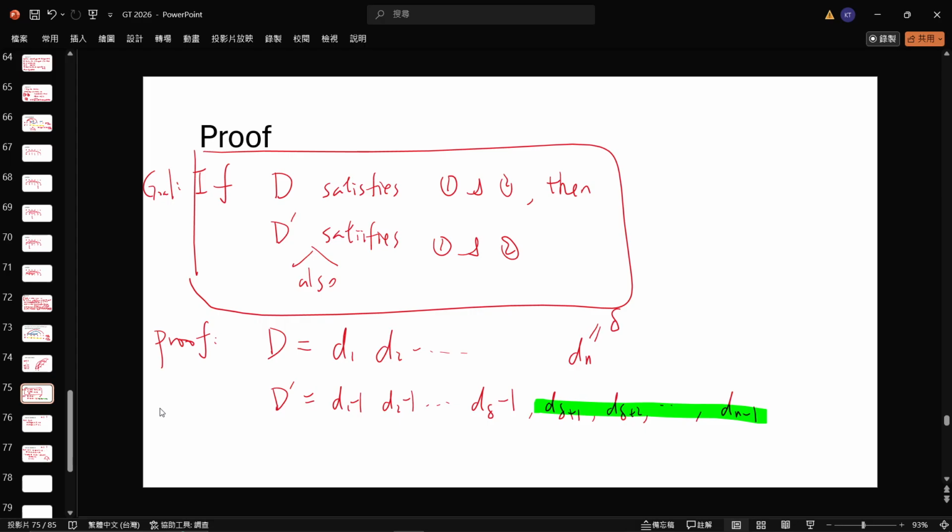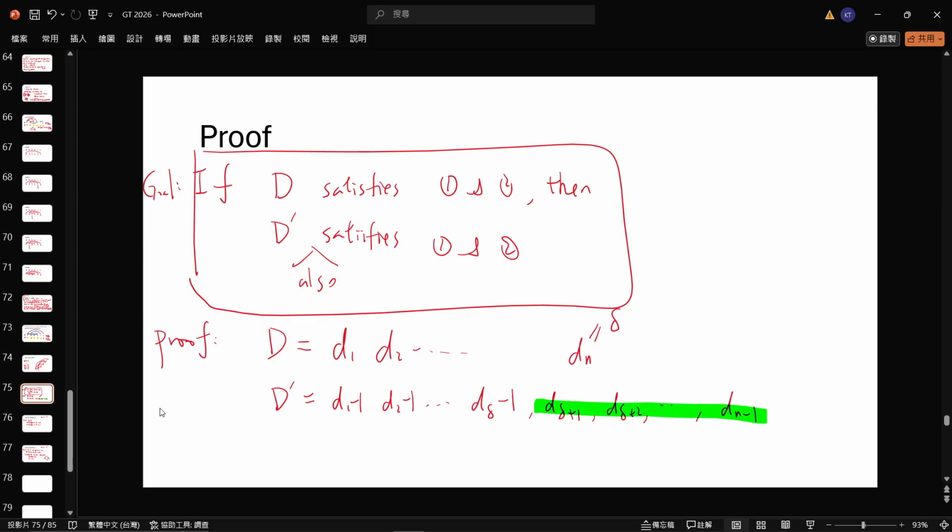Because if the smallest degree is large, then this means all degrees are large. And if all degrees are large, I don't care about this minus 1, okay? Even if I minus 1, I still get at least 1, if all degrees are large. And the second case is when this degree is small, okay? But if the degree is small and the total degree is very large, this means we have some large degree.